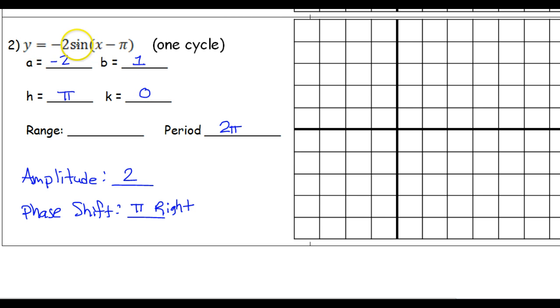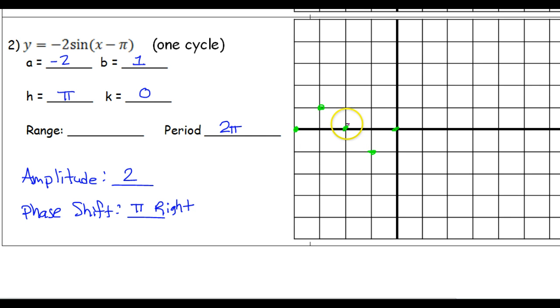This is the sine function, and normally the sine function does this type of thing: midline, up, midline, down, midline. That's the usual pattern of a sine function. However, because this has a negative in front, that is a reflection over the x-axis.